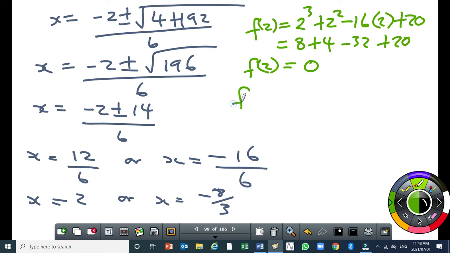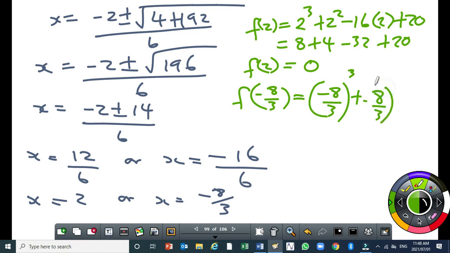Right? Then f of minus 8 over 3. F of minus 8 over 3, that will be minus 8 over 3 cubed plus minus 8 over 3 squared minus 16 times minus 8 over 3 plus 20. Can you simplify that and tell me the answer? 137. Yeah? It's 137.